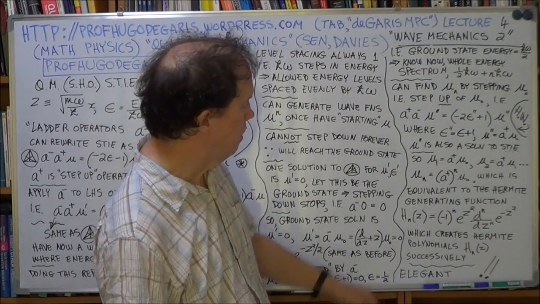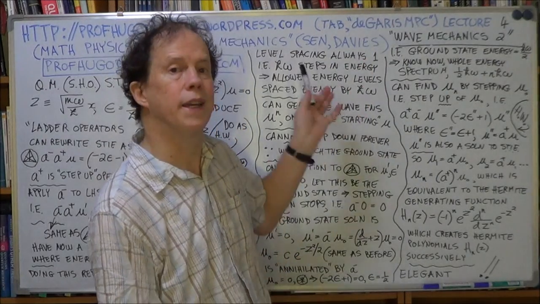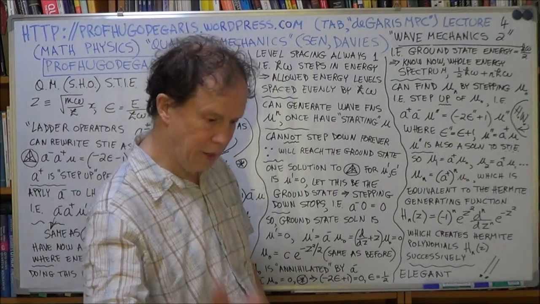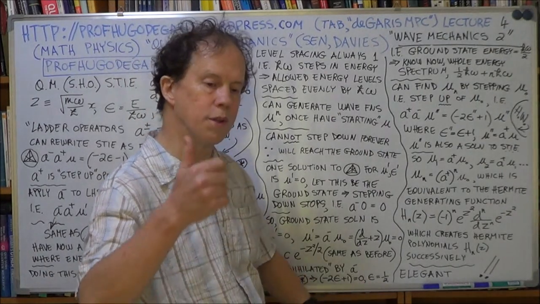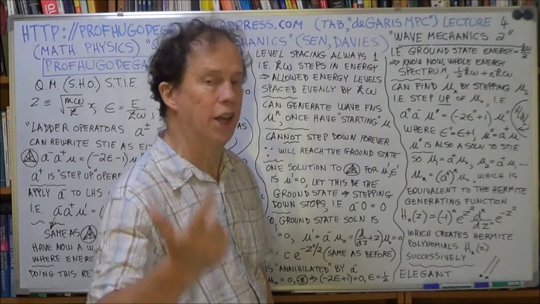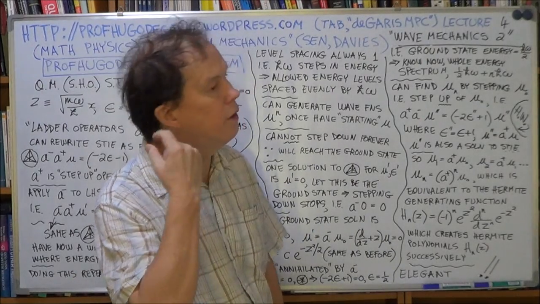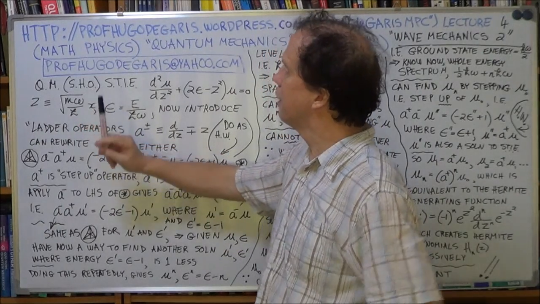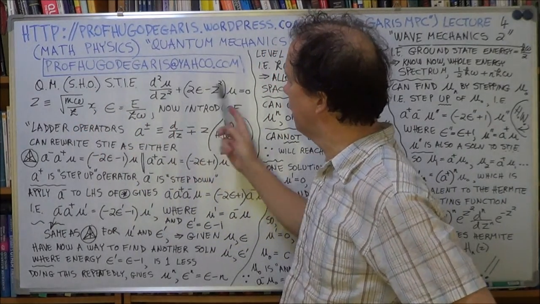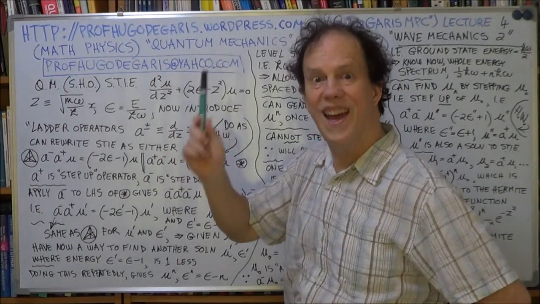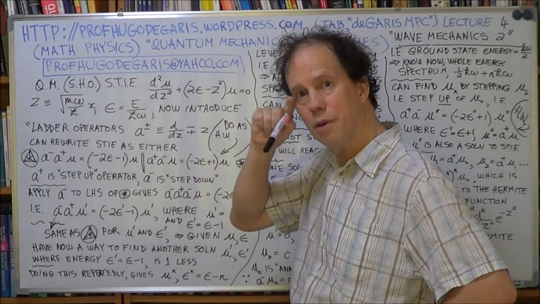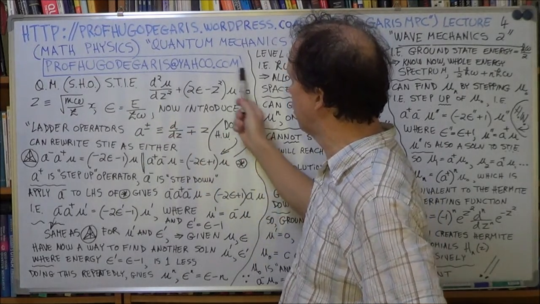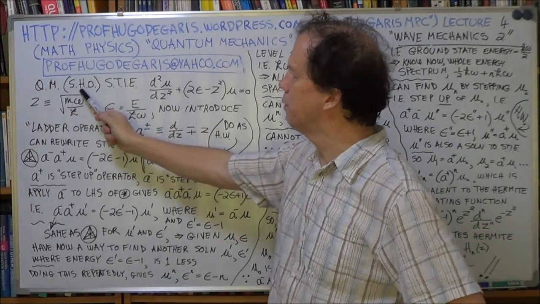So we've got all the tools now, this second, alternative method, to generate eigenstates and eigenvalues, in other words the wave functions and the allowed energies of the quantum mechanical simple harmonic oscillator. We now have a technique using ladder operators, step up and step down operators, to solve this Schrödinger equation for the simple harmonic oscillator.